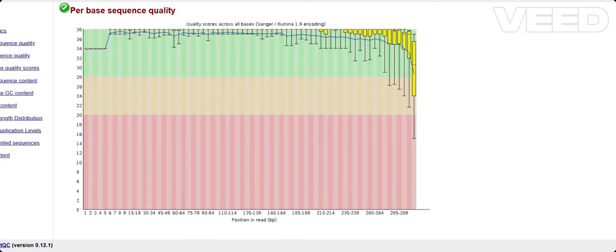So this graph is telling us something important. Most of our read is high quality, but the quality decreases towards the end of the reads. This is very common in many sequencing datasets. Later, we may need to remove low quality bases from the end using a trimming tool like Trim Galore or Trimmomatic, etc.